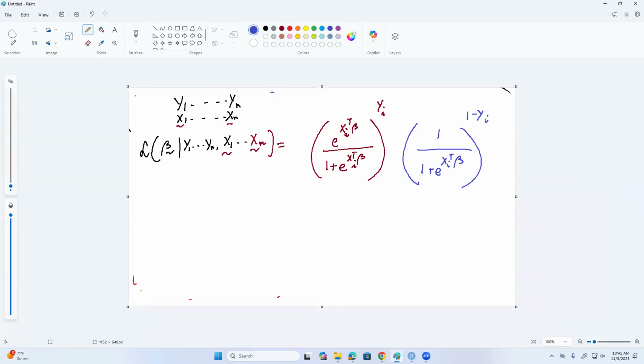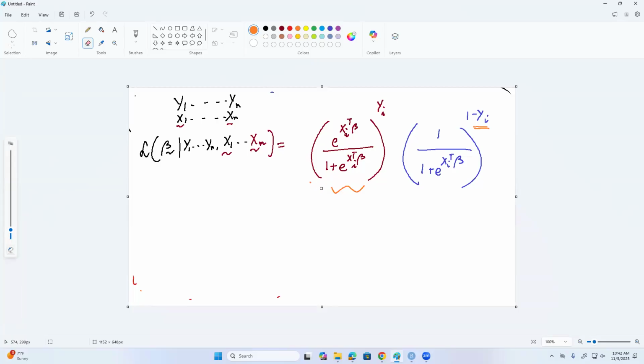Now look at it carefully. When yi equals 1, that means you observed success, then this term will be there, and this term becomes 0 in the exponent. Anything to the power 0 means 1. It will not contribute anything.